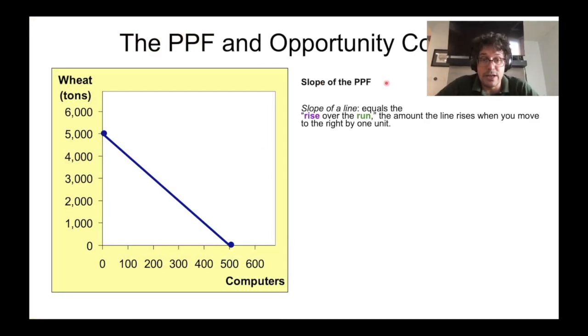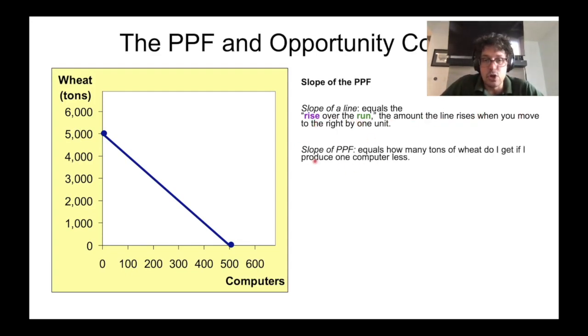So the PPF and the opportunity cost. The slope of the production possibility frontier is informative about the opportunity cost that an economy faces. Let's recall the definition of a slope. The slope of a line is the rise over the run. That means the amount the line rises when you move to the right by 1 unit. So the slope of the PPF equals how many tons of wheat, the vertical dimension, do I get if I produce one computer less?